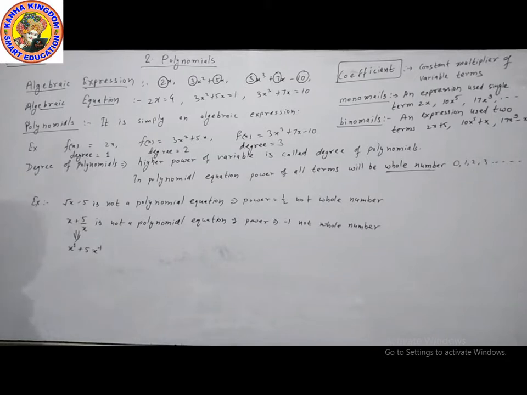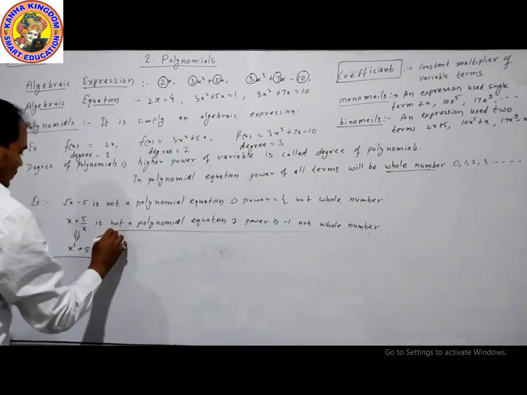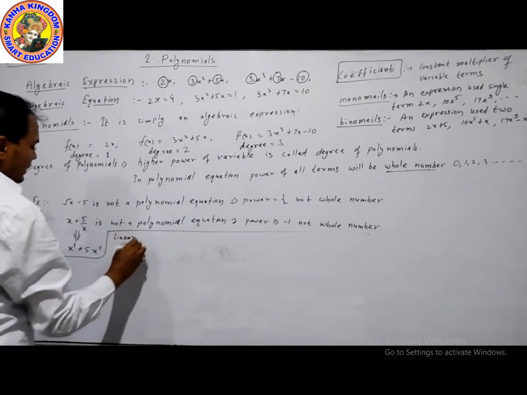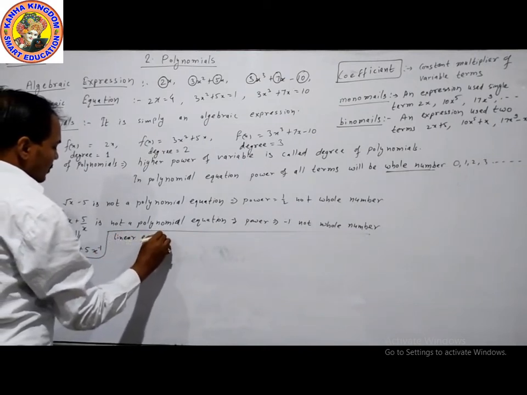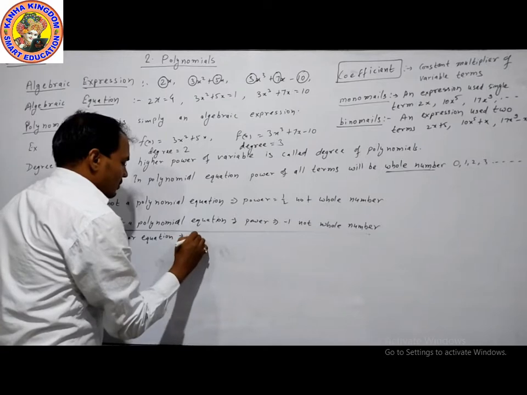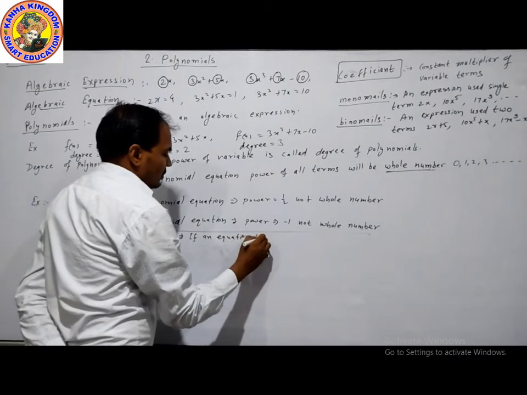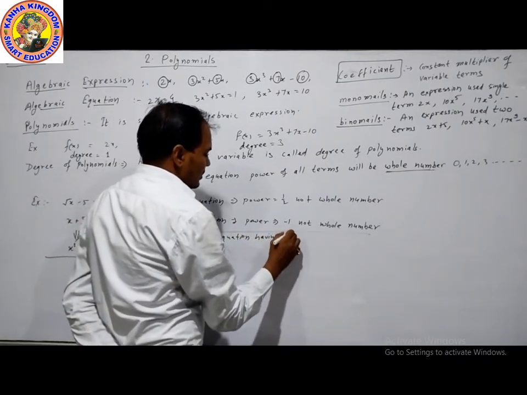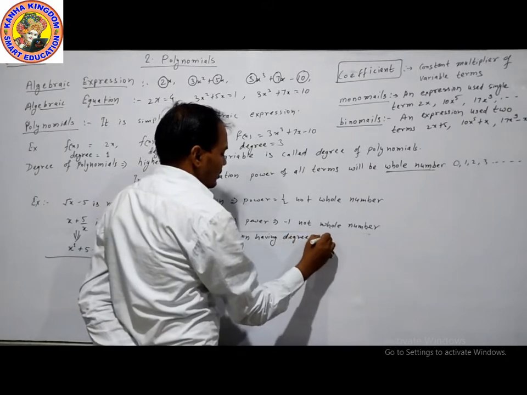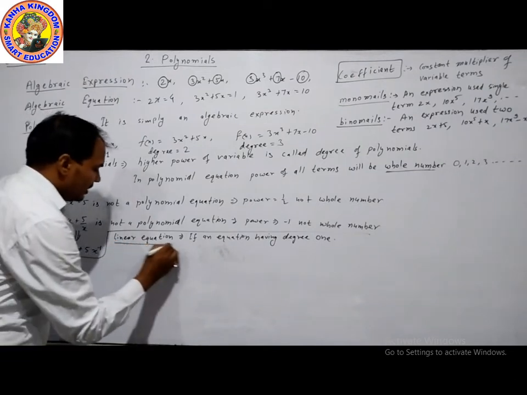Now another definition is linear equation. If an equation has degree 1, then it is called a linear equation.